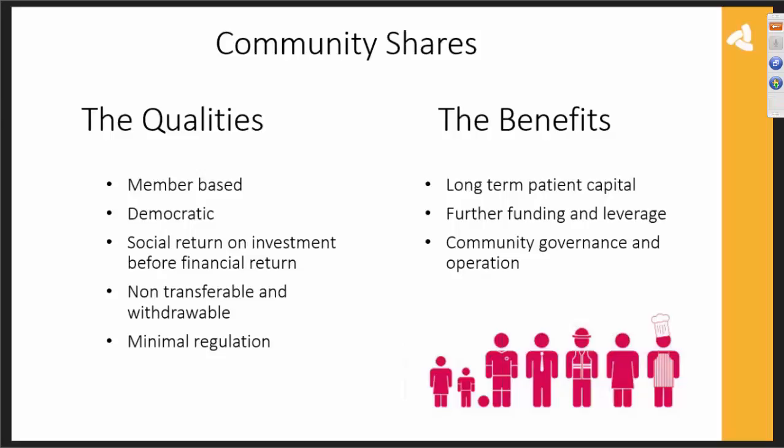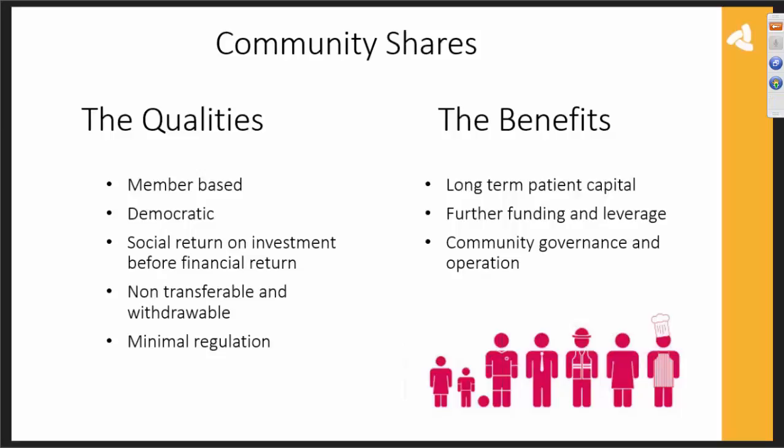This is about people putting their money into something that they care about, and they're going to get something back in return, whether it's access to a service that might have been lost, or some opportunity to volunteer or be an activist or be a board member. So this is first and foremost about a social return on investment.